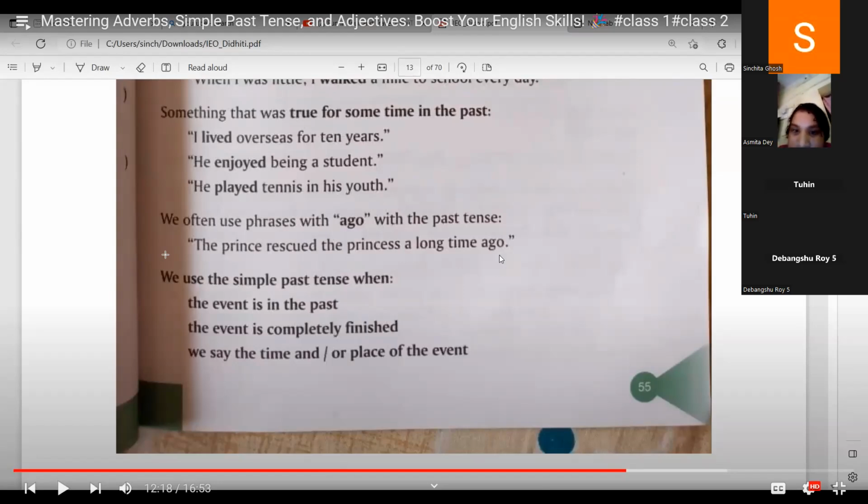Now, Debangshu, it's your turn. Give me an example, beta, of your own. Yes, ma'am. Okay, you think, Debangshu. We will come back to you. Okay, Tuhin, can you? Okay, he has already written it. Ma'am, I can tell the answer. Yes, tell me, beta.